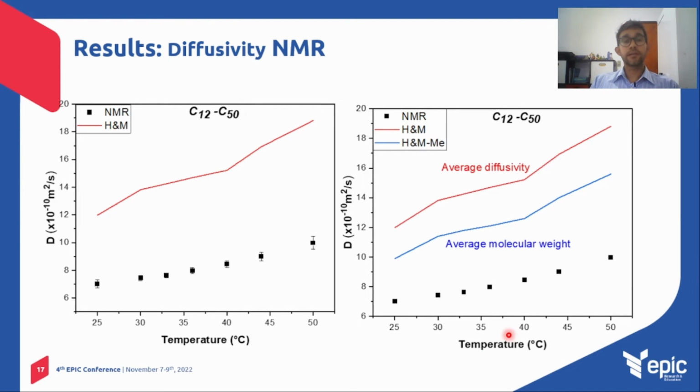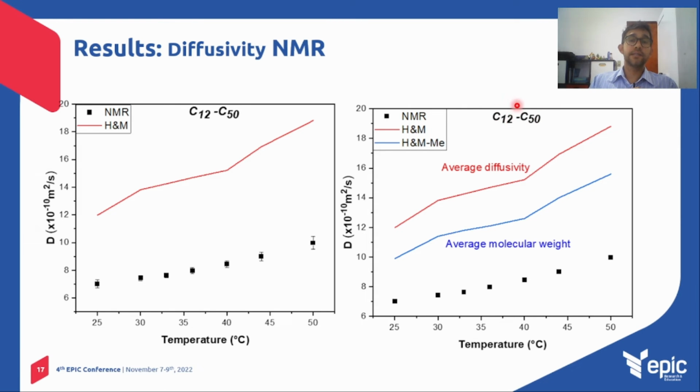So here we compare the effect of the average diffusivity. In this case, we calculate using Hydrochemia's the diffusivity for all molecules in this set of molecules, and we use the average diffusivity for this case. And in the blue line here, we just consider an average molecular weight.